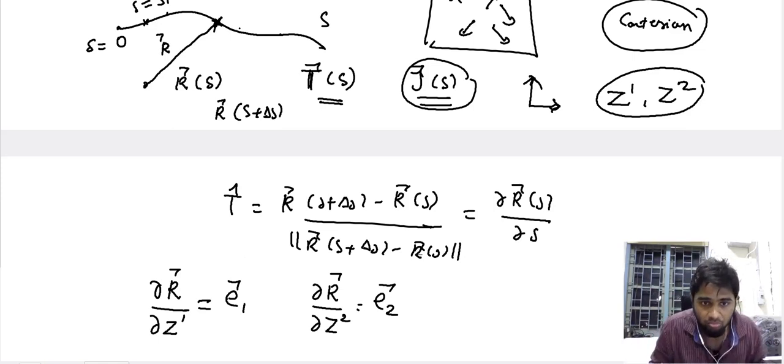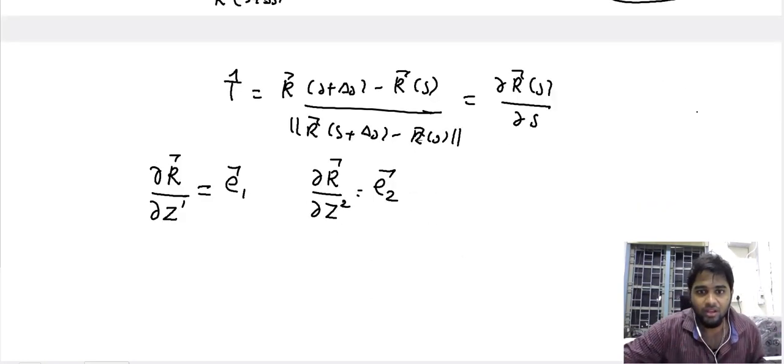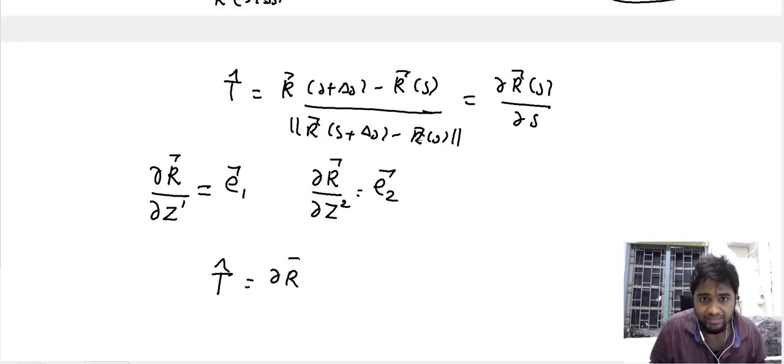So two bases represented by E1 and E2, these are two unit vectors, and these two unit vectors correspond to the generic coordinate system Z1 and Z2. Now what we have established is the unit vector component of the T vector that we are interested in is this, and this.